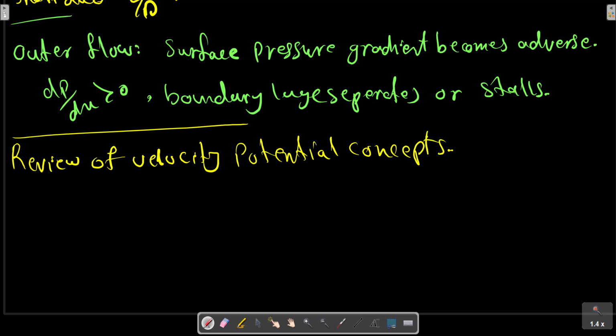Recall from the previous section that if viscous effects are neglected, the velocity potential is available when the flow is laminar and inviscid. Viscous effects were neglected.